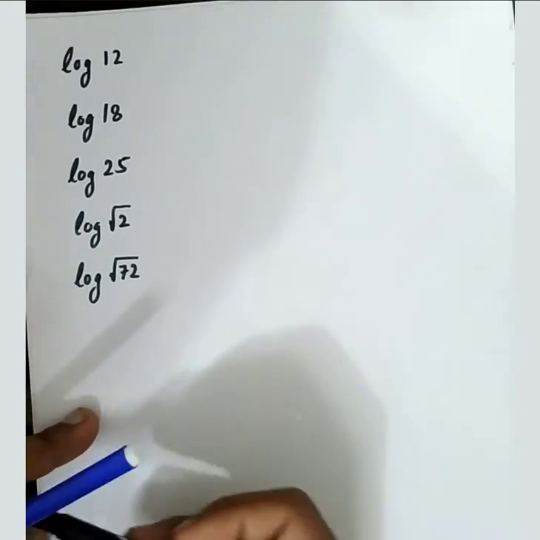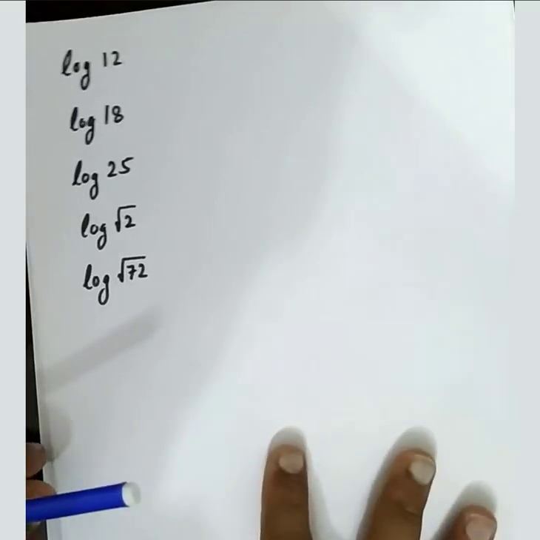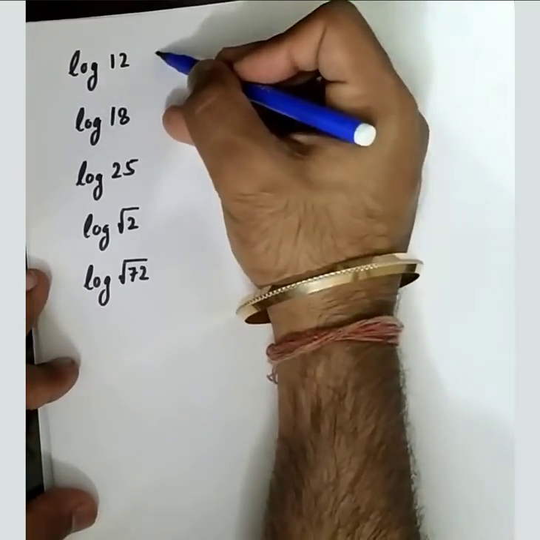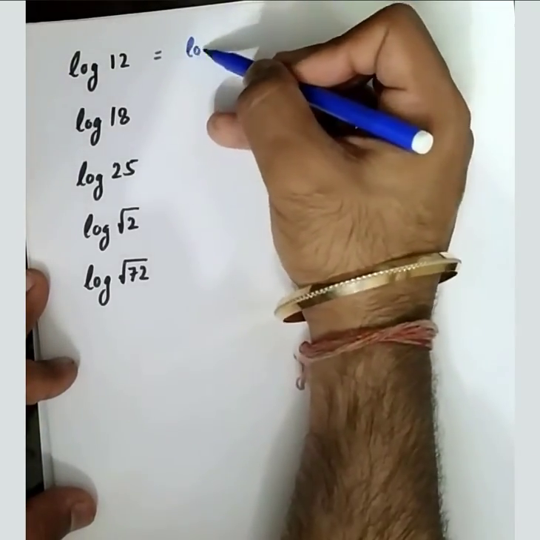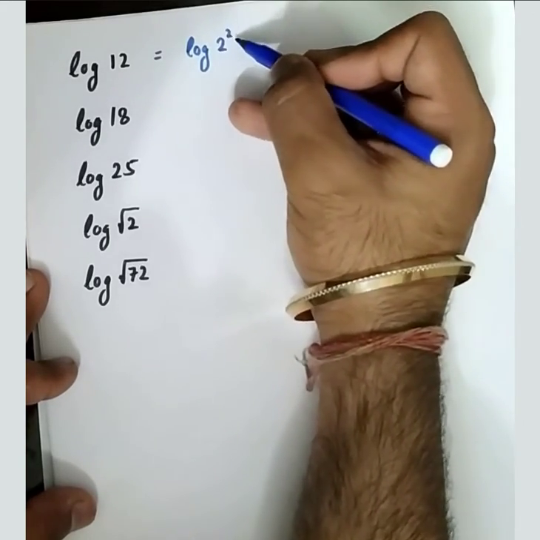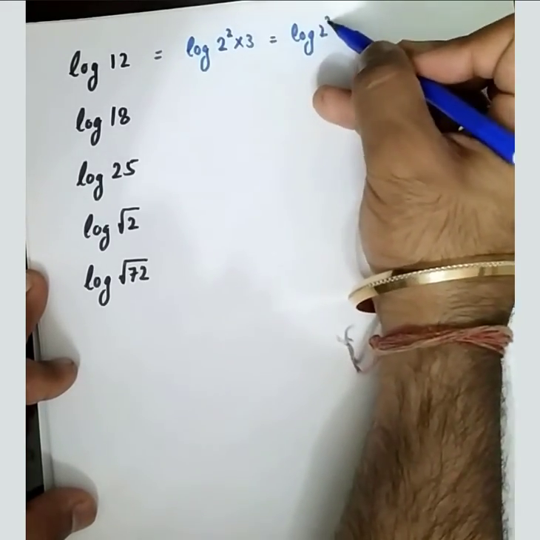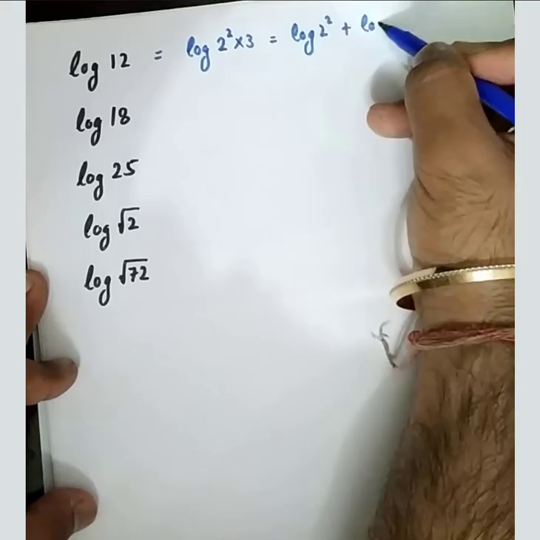So I'll just give you the hint, quite simple. Log 12, you just need to prime factorize, guys, and then it is done. Log 12, you can write it down as log 4 into 3 or log 2 squared into 3. Apply the property, this will become log 2 squared plus log 3, mn property.